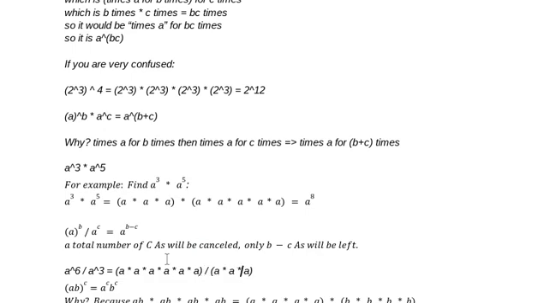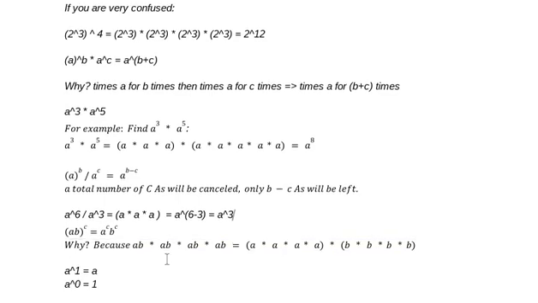So 1 a is cancelled, 2 a's are cancelled, 3 a's are cancelled, so the last number will be only 3. So it would be a to the power of 6 minus 3, which is equal to a to the power of 3.